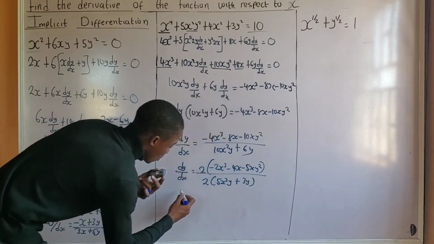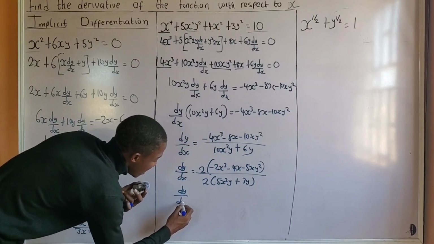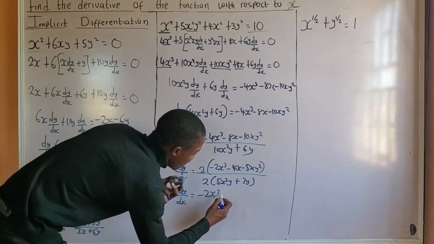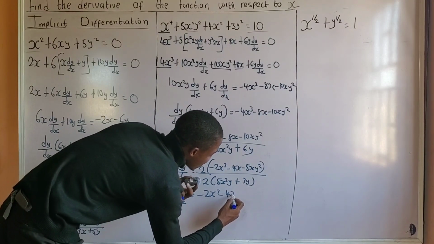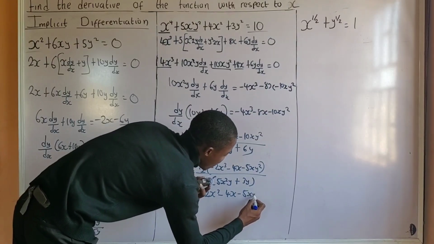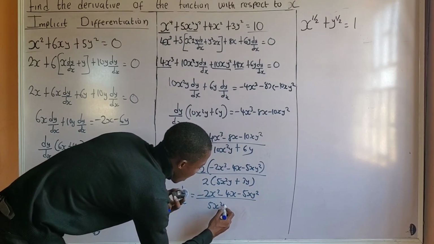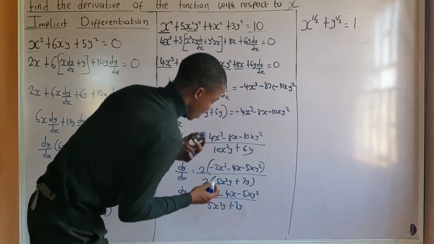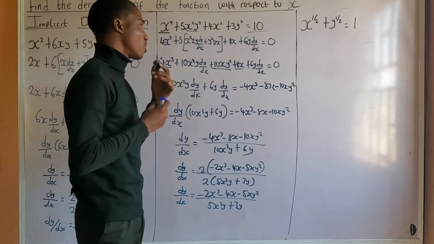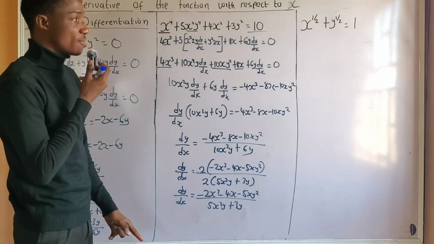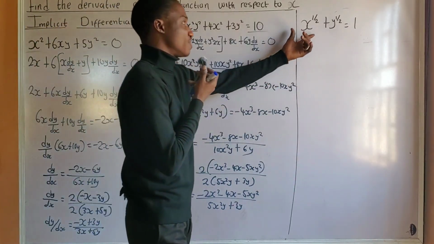So dy all over dx will be equal to negative 2x raised to the power of 3 minus 4x minus 5xy raised to the power of 2, this all over 5x squared y plus 3y. So the end product of the derivative of this function is this. Do you understand?